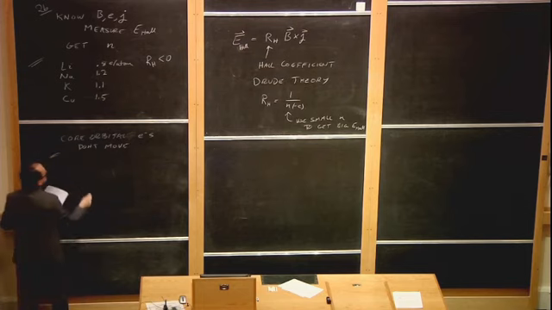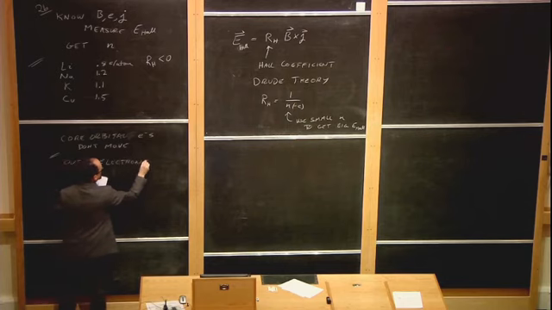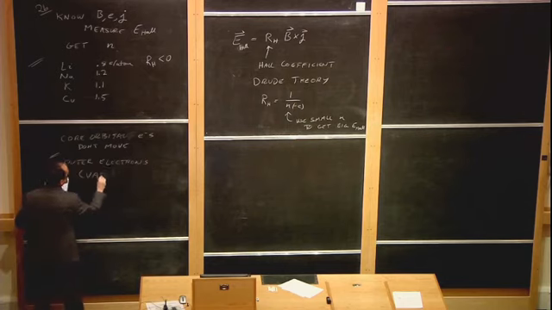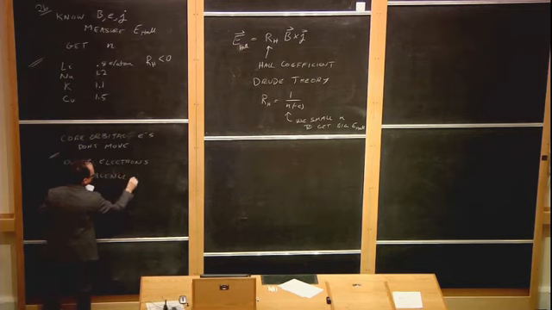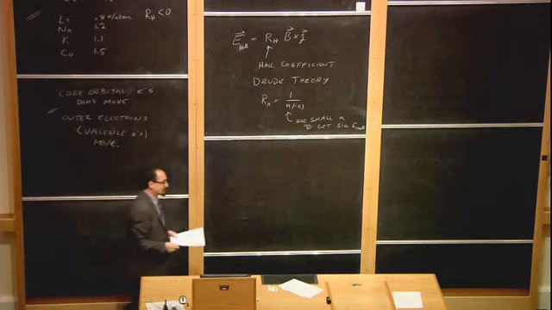The only ones that do move are the outer shell electrons, also known as valence electrons. So the electrons that are running around in the solid are the so-called valence electrons.